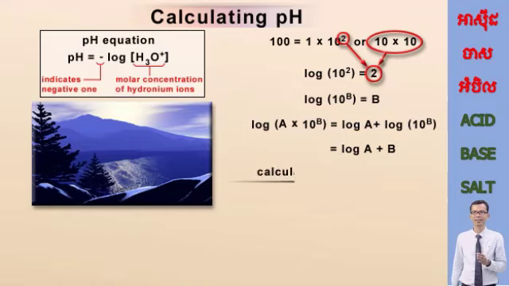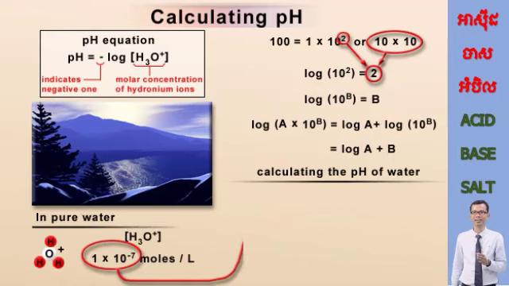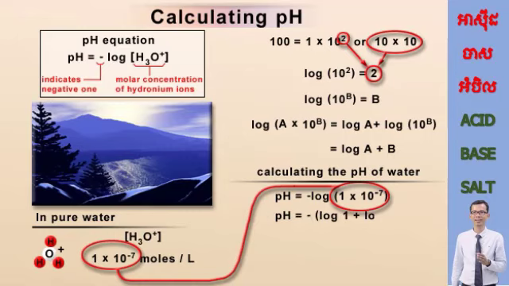To determine the pH of water, start by noting that the concentration of hydronium ions in pure water is 1 times 10 to the negative 7 moles per liter. The log of the coefficient, which is 1, equals 0, because 1 equals 10 to the 0 power.